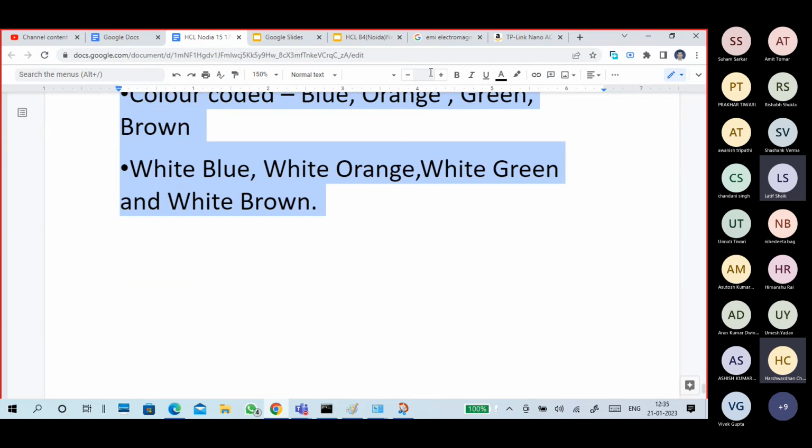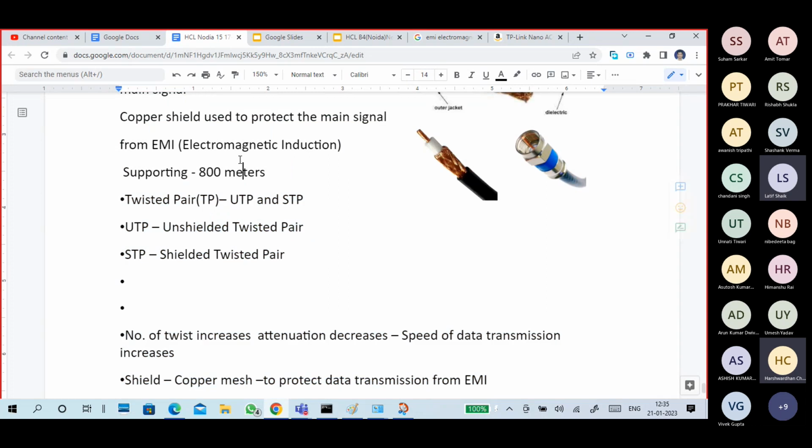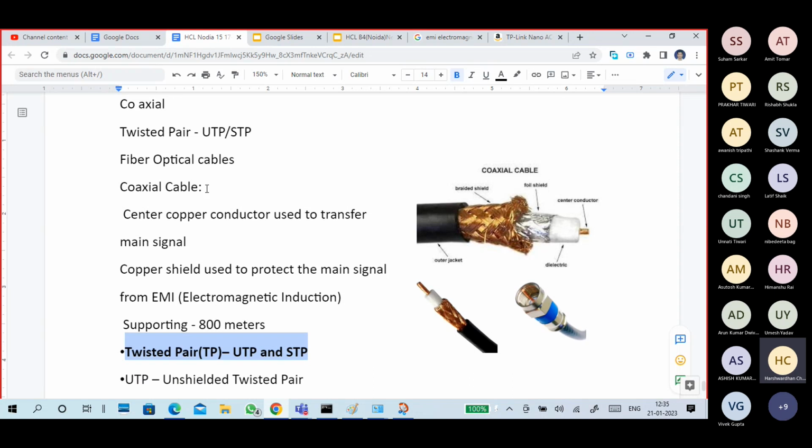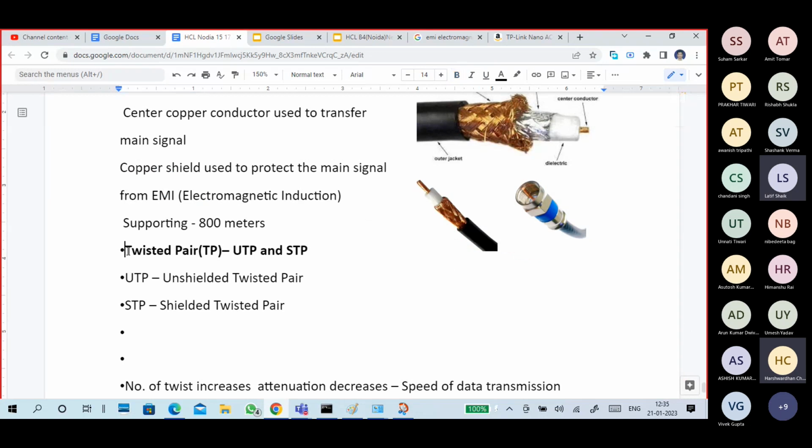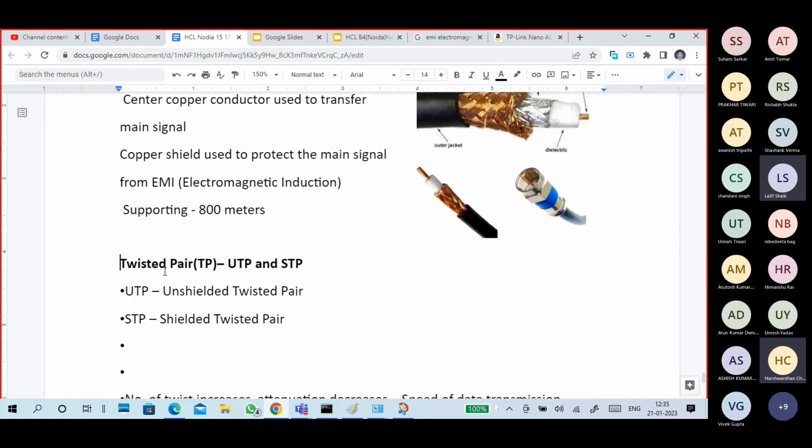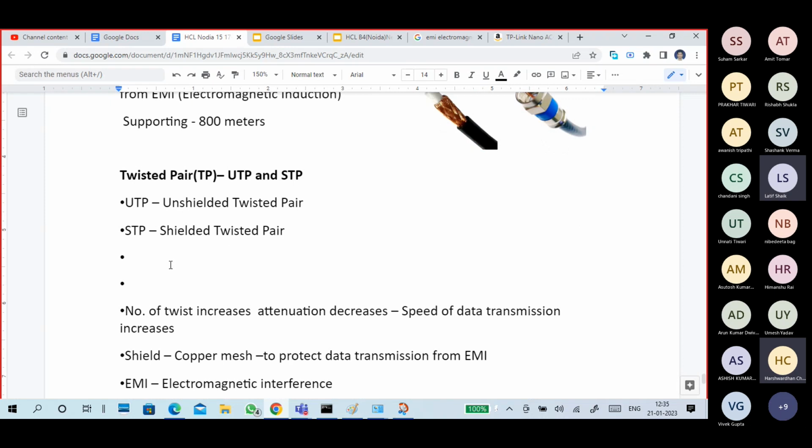There is a pair of wires, and the pair of wires twist around each other.